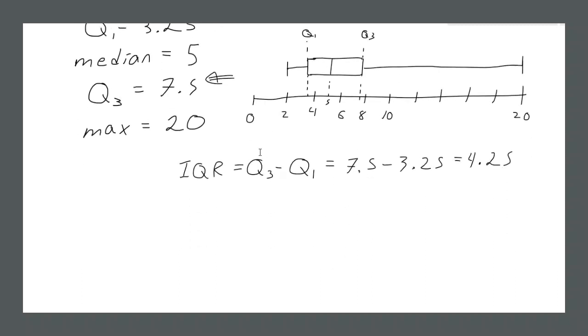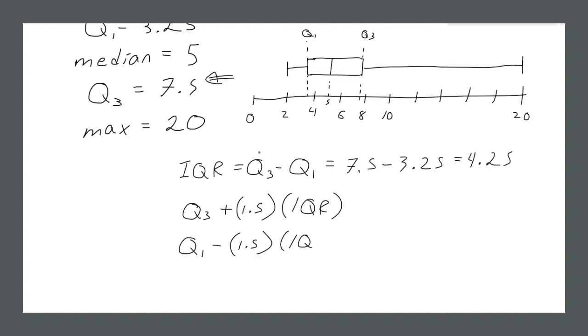And what you want to look at is the bounds that will determine your outliers, which is going to be Q3 plus 1.5 multiplied by the IQR, and Q1 minus 1.5 times the IQR. And that value of 1.5 is just a standard number used regardless of what your data is.